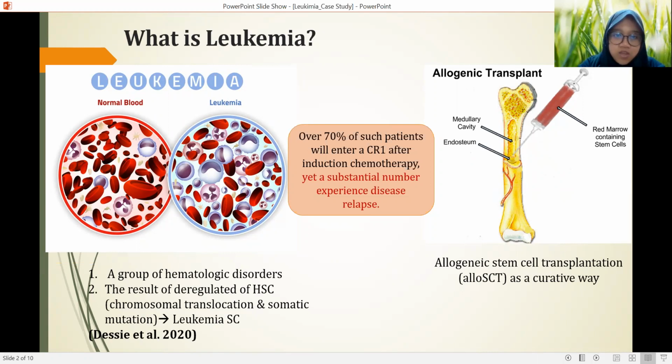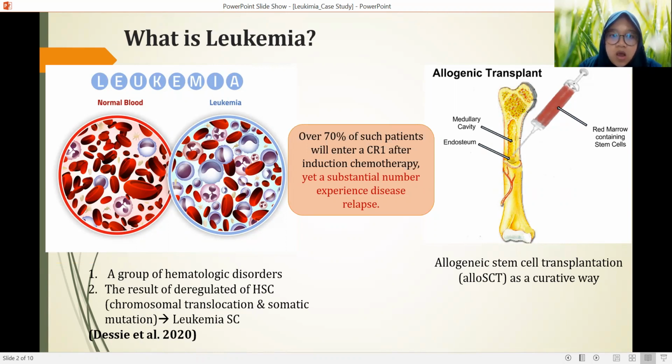Or we can say leukemia happens when the total of leukocyte cells arises and is much more than in normal blood.